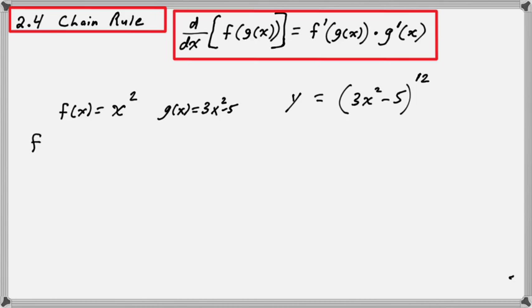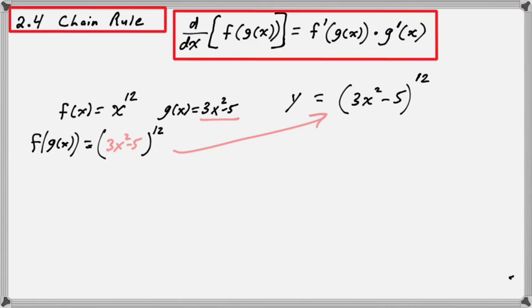Could anybody tell me what f of g of x would be? You take your f function, I'd have to call it x to the 12th. So I take my f function, and then I replace the variable with the other expression. Is that what I have over here? So it could be written as a composite function.